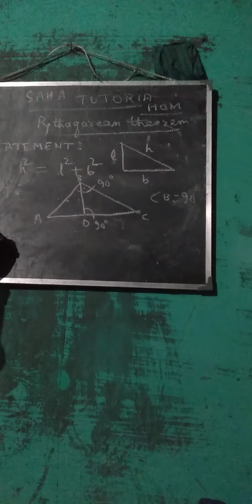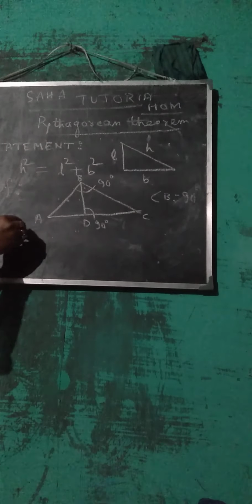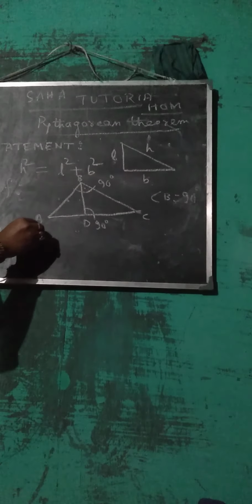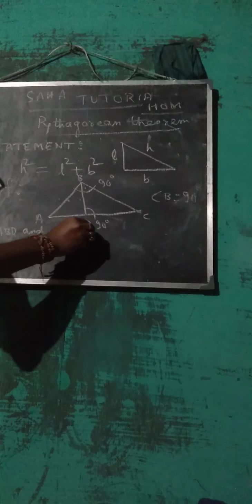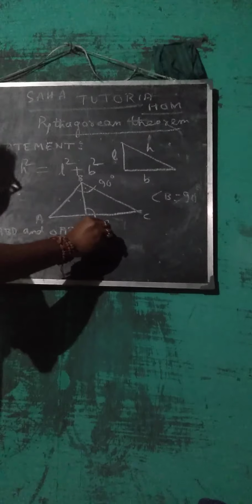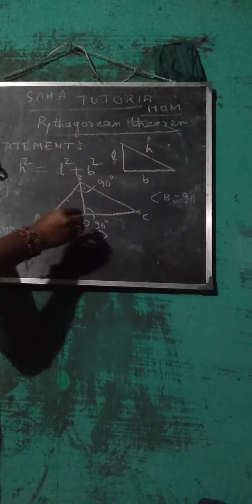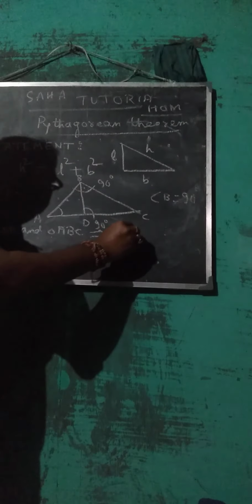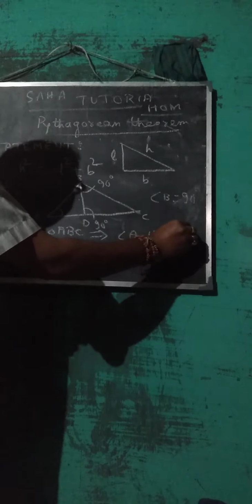Triangle ABD and triangle ABC are similar triangles. This implies that angle A is common to both triangles.